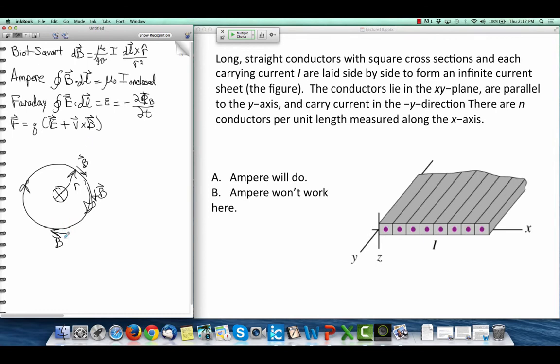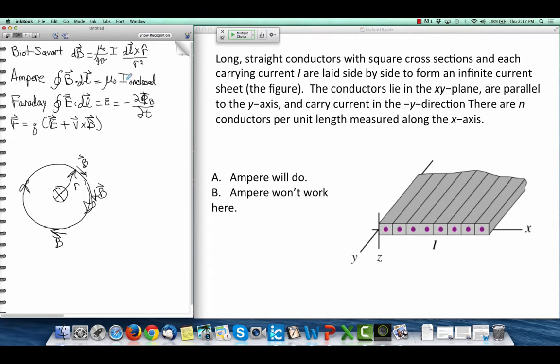And so B dot dl is along this circular path around here. B is in the direction of dl, and so it's just B. And B is equal because this is the same distance everywhere. It's a circle centered on the wire.